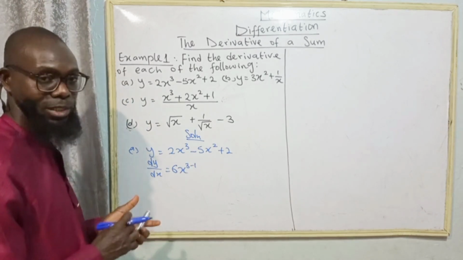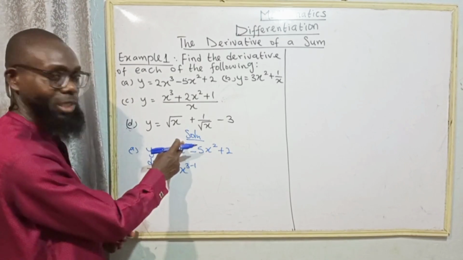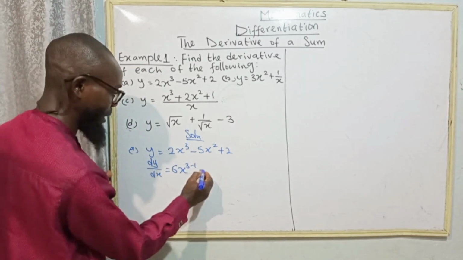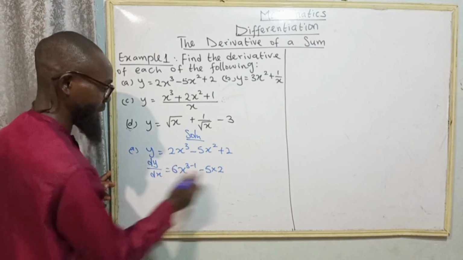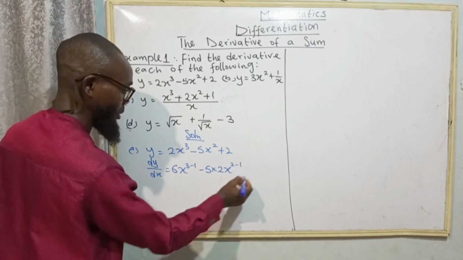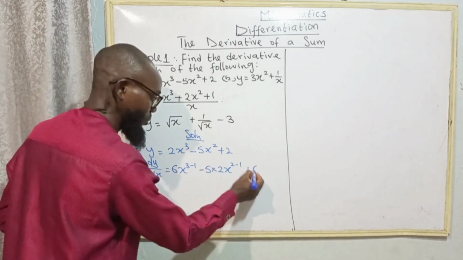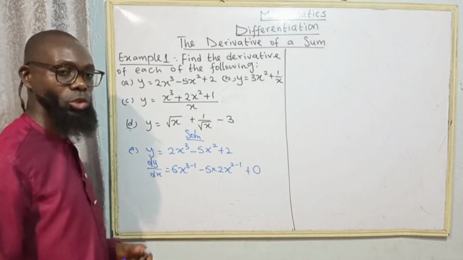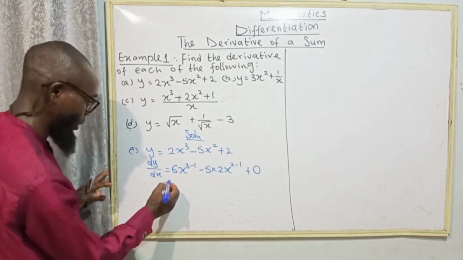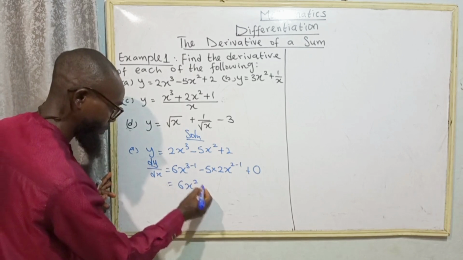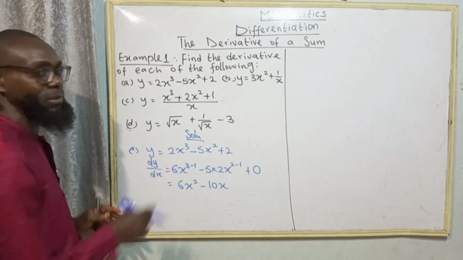Don't forget, from our general formula, the power will multiply the coefficient and 1 will be subtracted from the power. Then minus 5 multiplied by 2, that is 10, isn't it? Then x to the power 2 minus 1, plus the derivative of a constant, which equals 0. So when you differentiate a constant, it is equal to 0. So here we have 6x squared minus 10x. So that is the derivative of this.